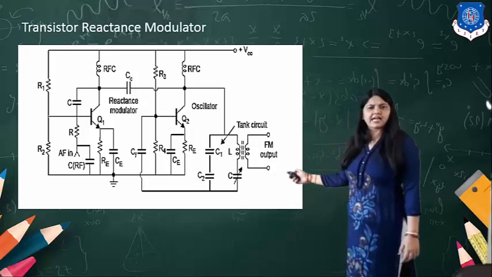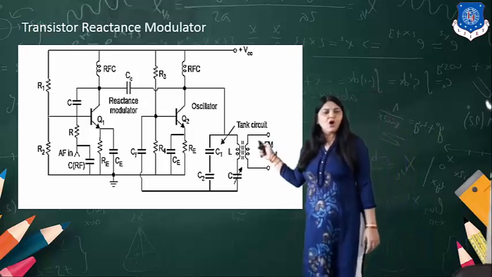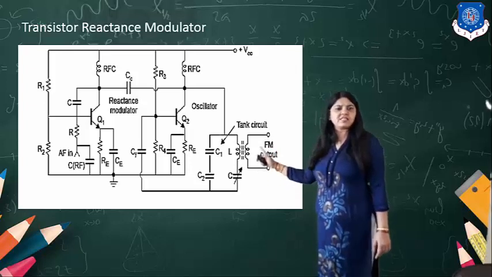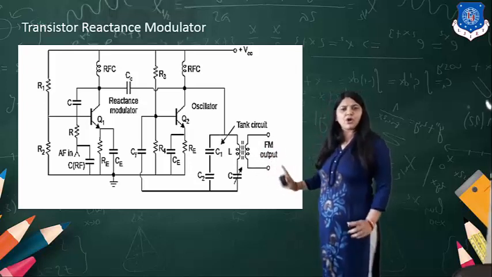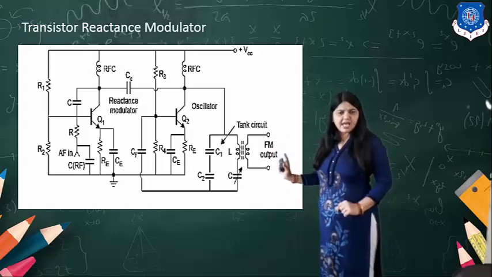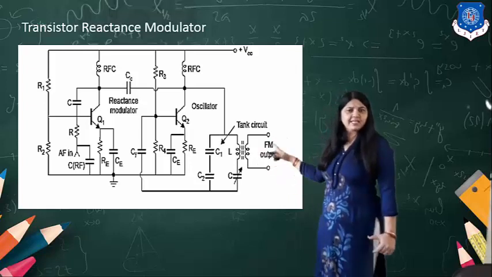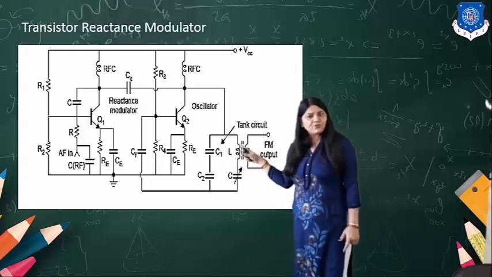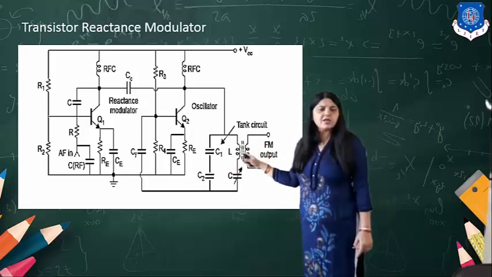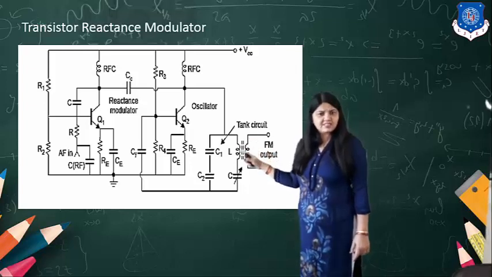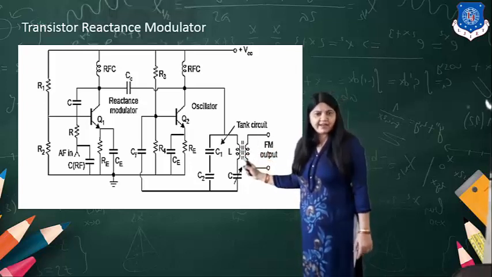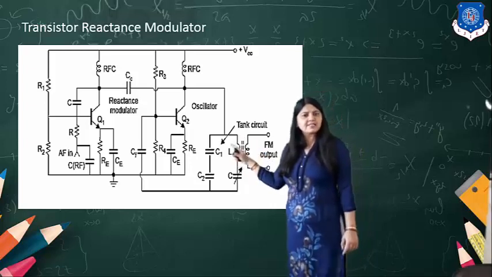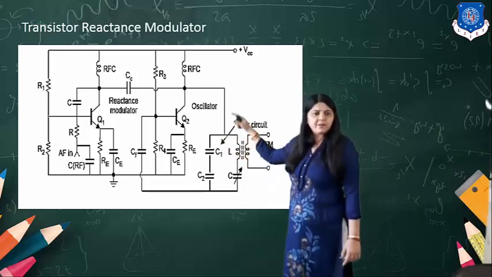Here you can see that onto the base of the transistor Q1, the audio frequency AF in, that is the modulating signal, is applied. By applying the modulating signal to the base of transistor Q1, the reactance of the transistor may be varied, so that the capacitance value across the transistor Q1 can be varied.